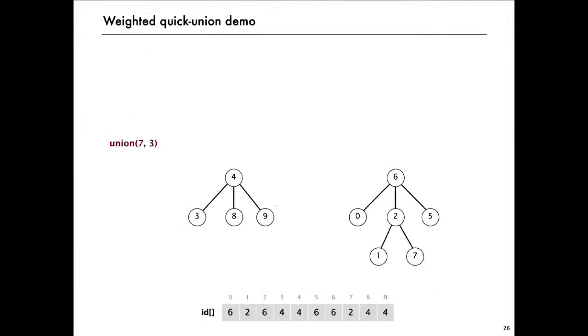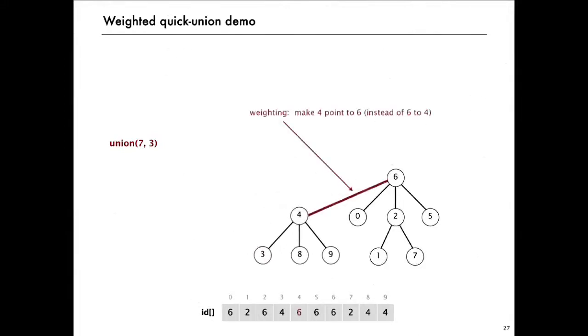And 7 and 3, 3's in the smaller tree, so it goes below. So the weighted algorithm always makes sure that the smaller tree goes below.